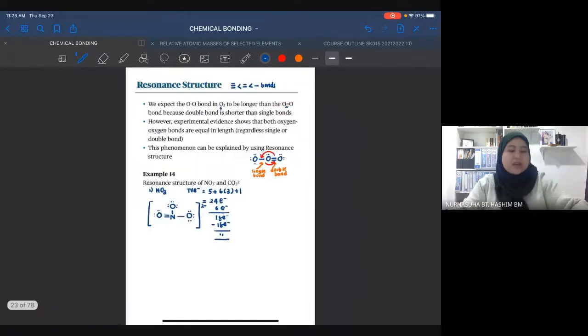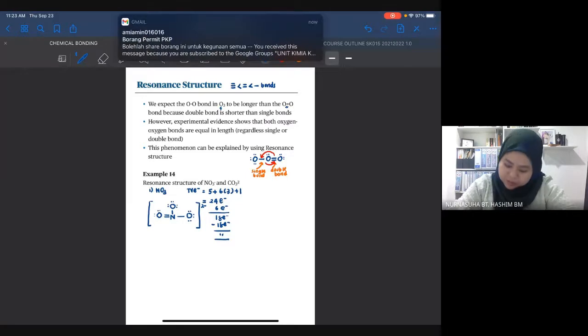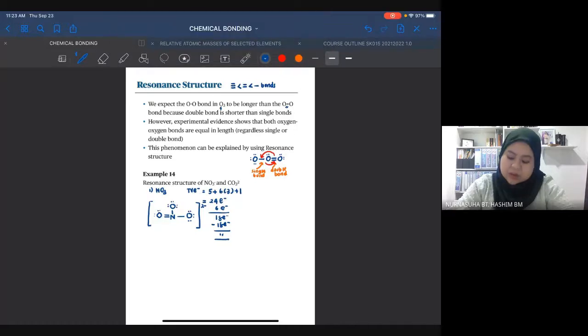Oh sorry, dalam ni tak ada definition resonance structure. Kejap, ni dia nak salin je. Oh, nampak. Sekejap ni. Baru ni ada perasan.